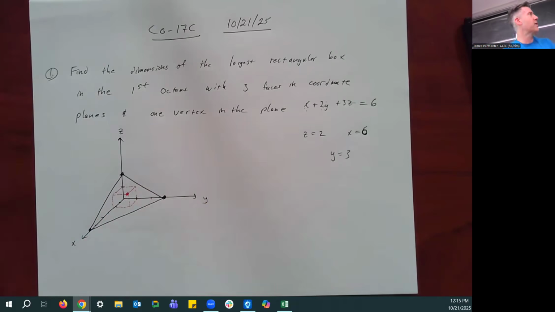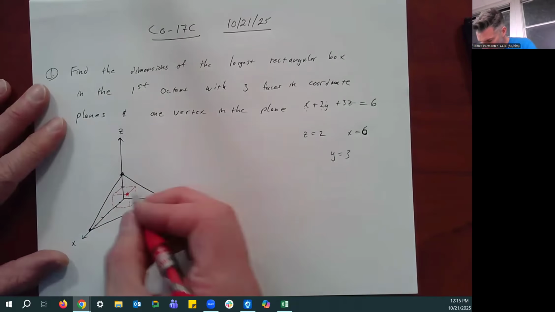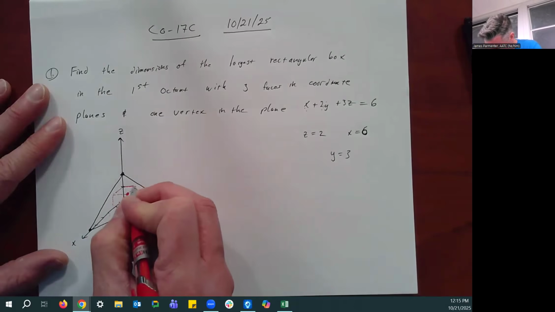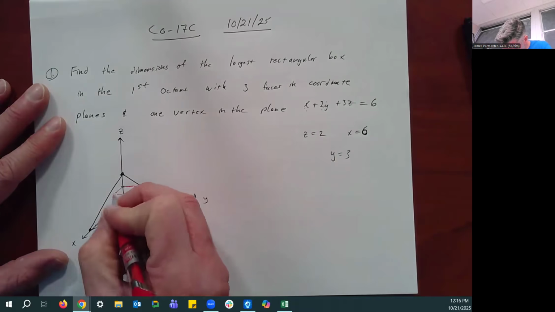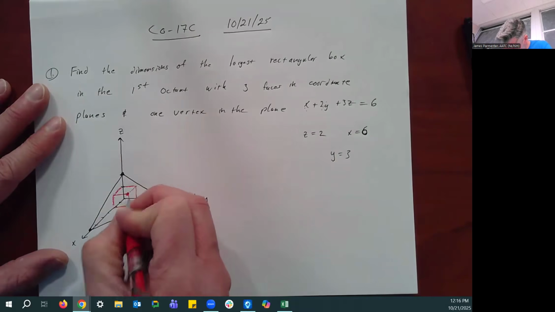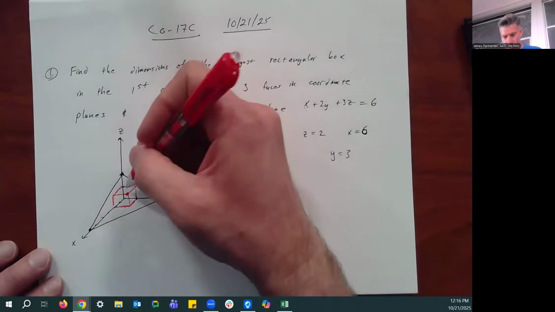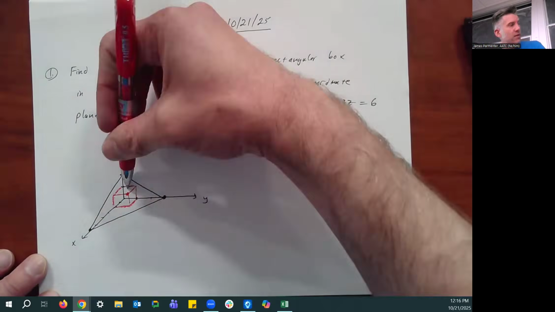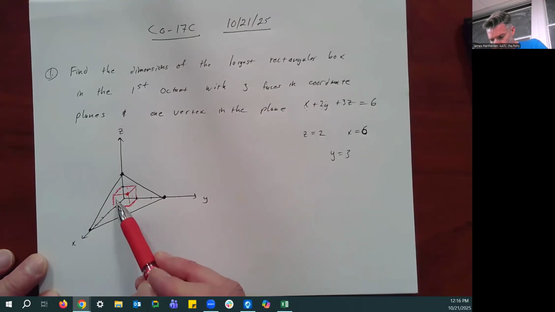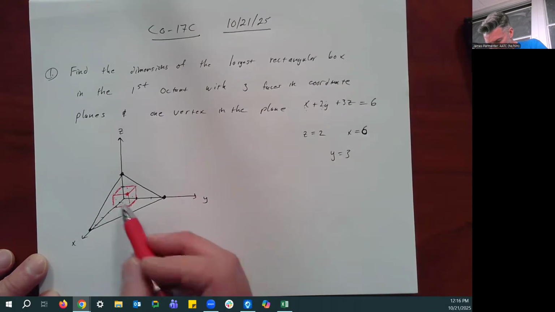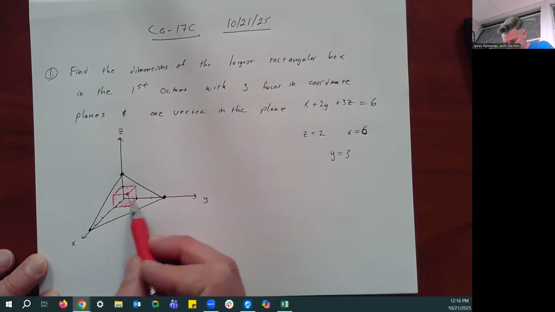So maybe that's my box right there. Let me draw that a little bit darker so hopefully you can see that decently. The back part there is touching the YZ plane, the left part there is touching the XZ plane, and the bottom part here, that's touching the XY plane.